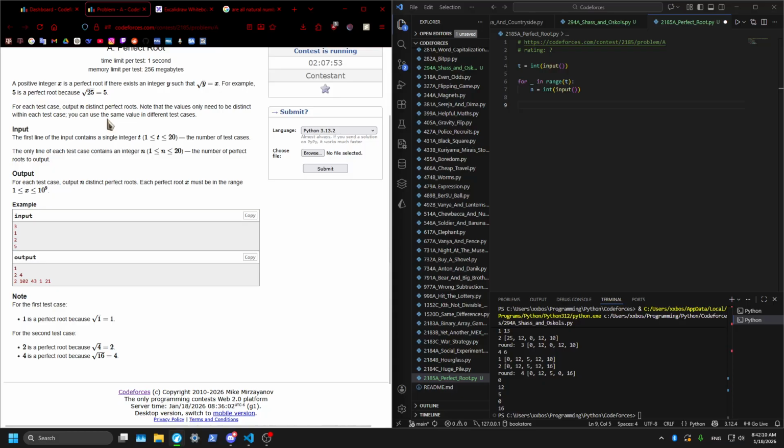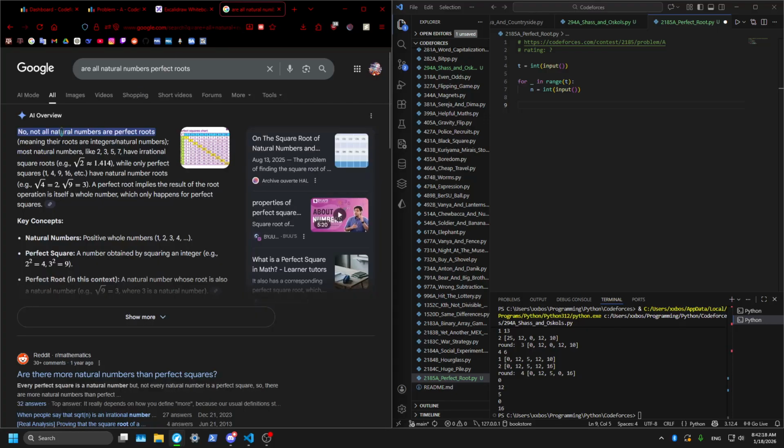2. So 2 is a perfect root because 4, right? It's saying or implies the result of the root.